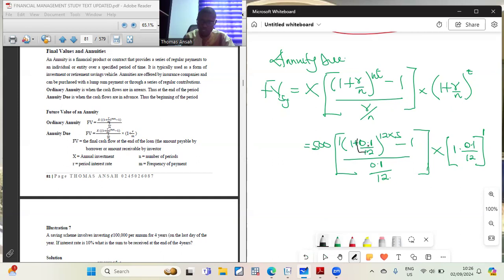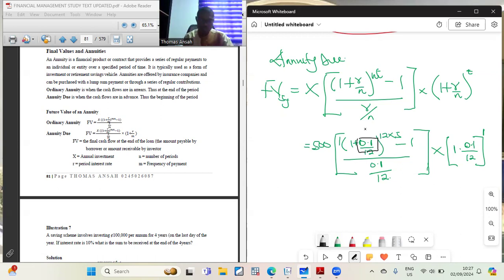So I will do plus 1, so that you've done the 1 in the bracket. Then you look at this one. Even though I know that 12 times 5 is 60, I'll do it raised to the power 5 times 12.